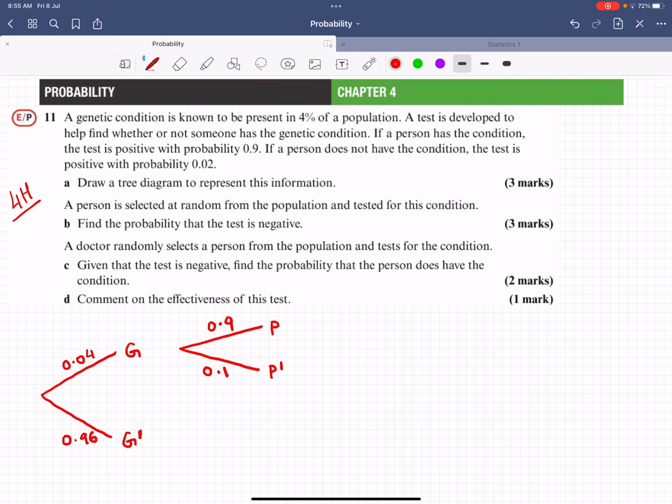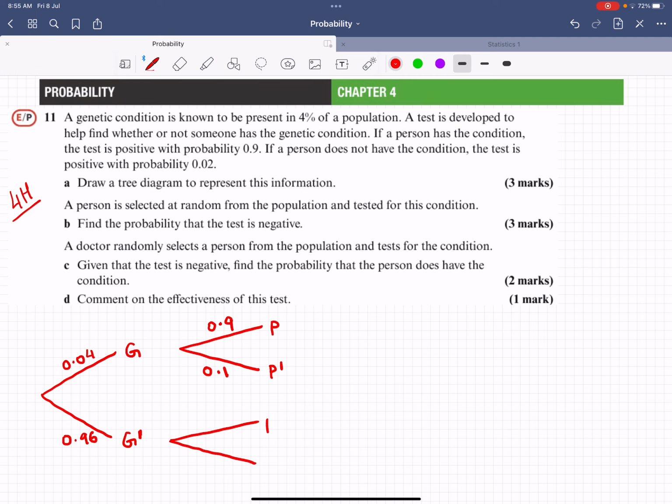Then if a person does not have the condition, the test is positive with a probability of 0.02. So these are the ones who do not have the genetic condition. For these, the test is positive with a probability of 0.02. So let's complete the tree diagram.